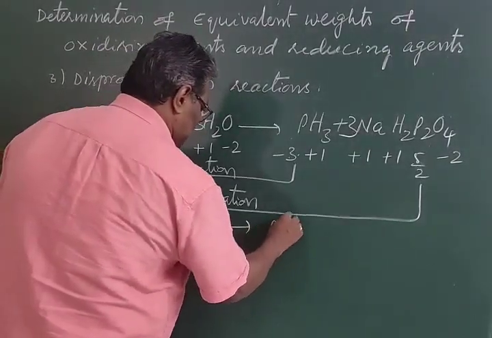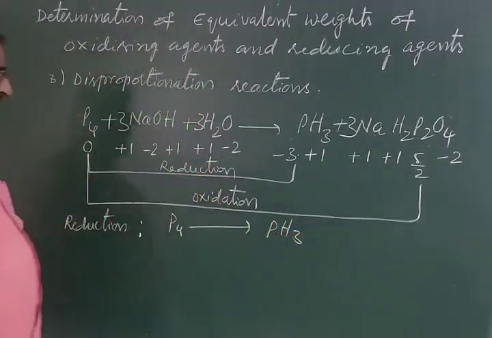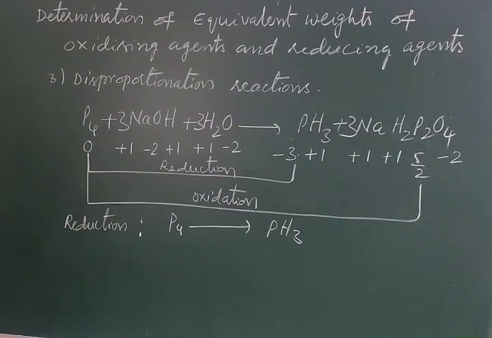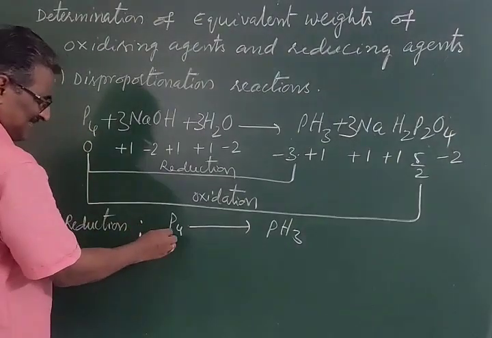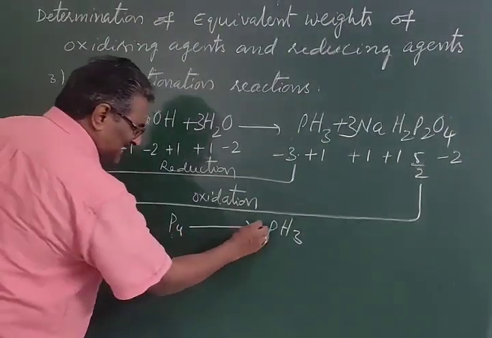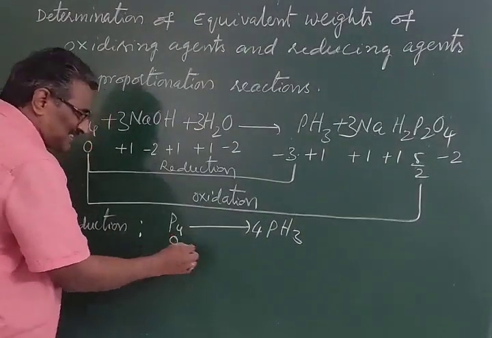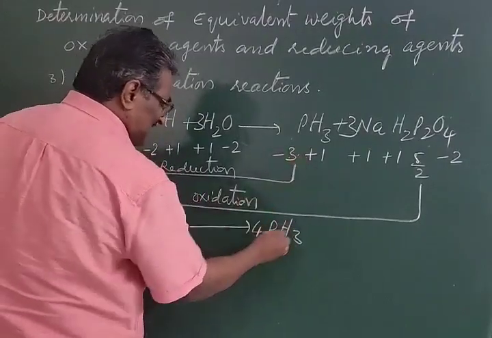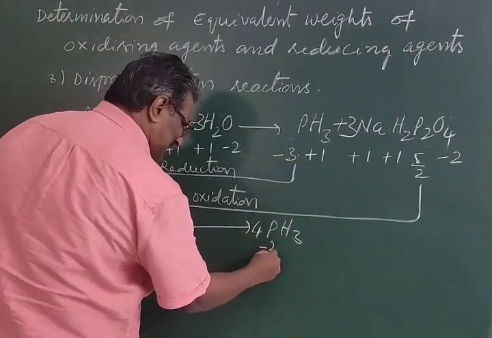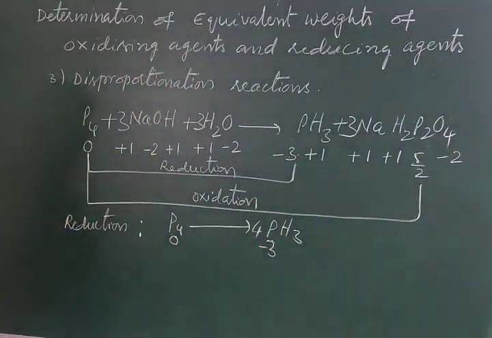P4 changes to PH3. If it undergoes only reduction, P4 changes to PH3. That is, as there are 4 phosphorus here, 4 PH3. Okay? Oxidation state of phosphorus is 0. Oxidation state of phosphorus is minus 3 in PH3.